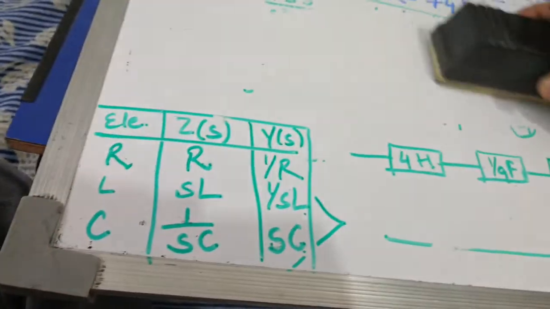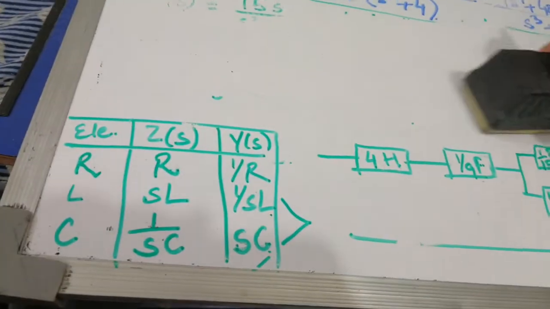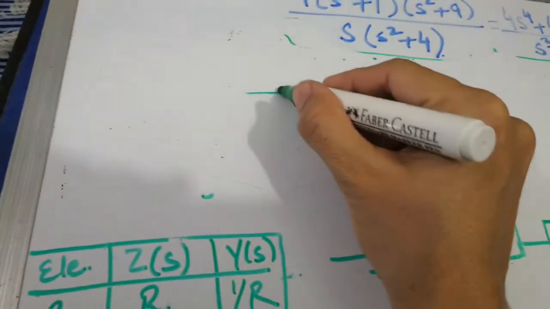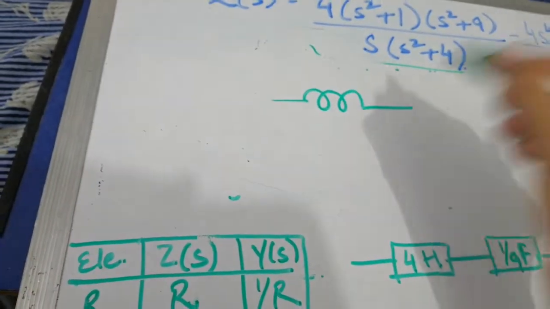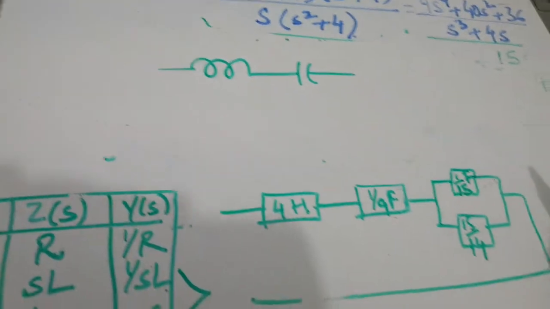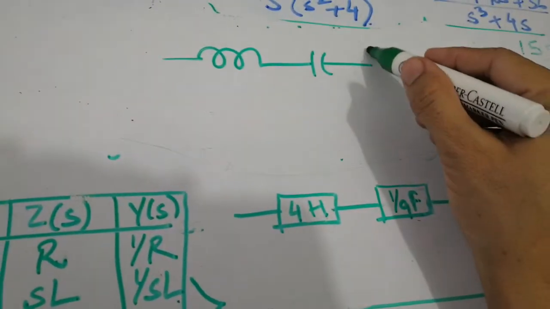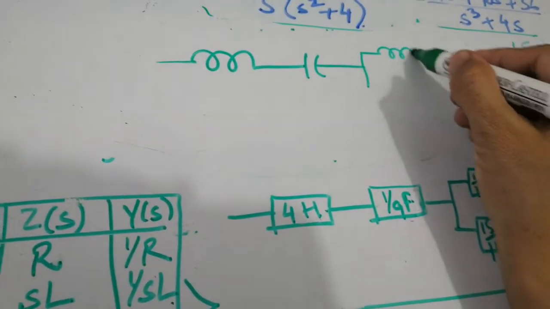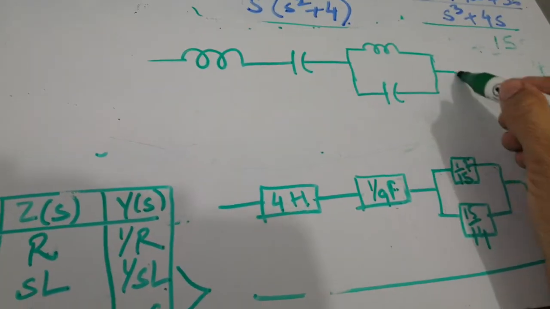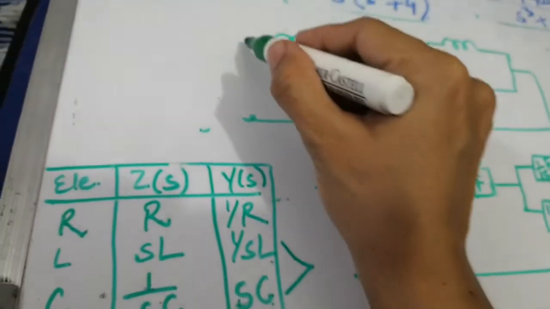I'm going to draw the circuit again with the Foster 1 form. We are going to get 4 henries, then we have got 1 upon 9 farads, and then we have got the parallel combination of inductor and the capacitor, and that is it.